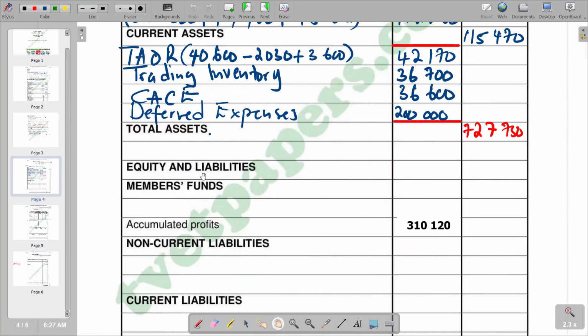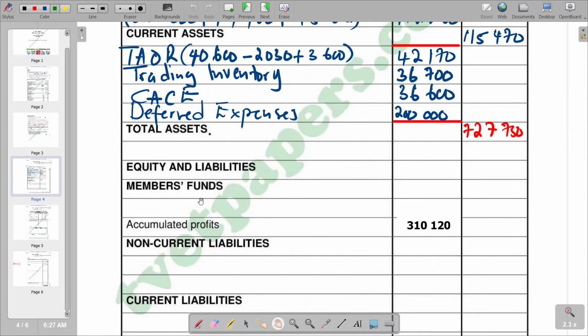So we go to the equity and liability section whereby we're going to start with our members' funds. The total for members' funds is supposed to be here. So beneath that, we're going to list all the members' funds. We see that we've got accumulated profits as pre-entered as part of members' funds.